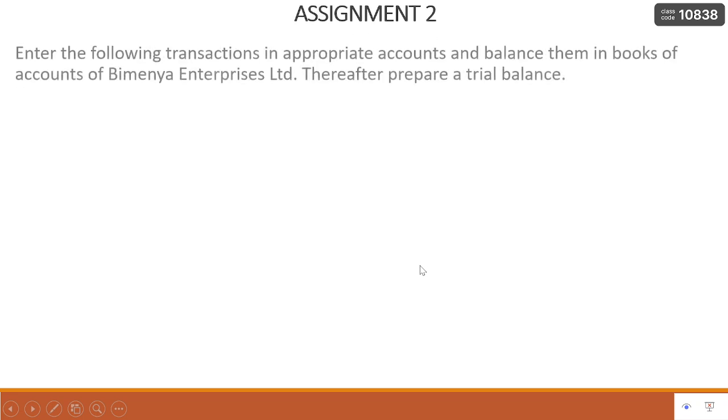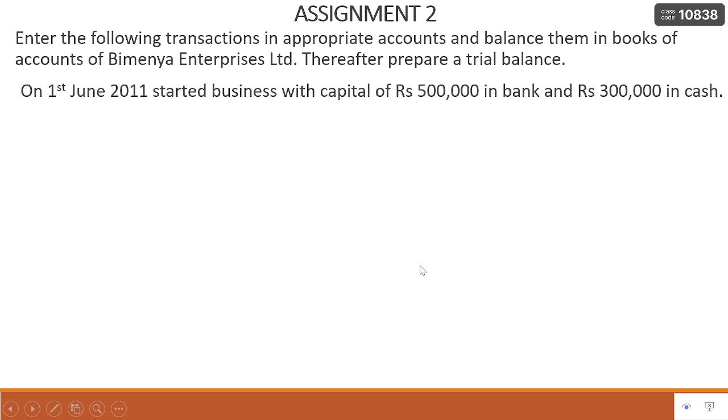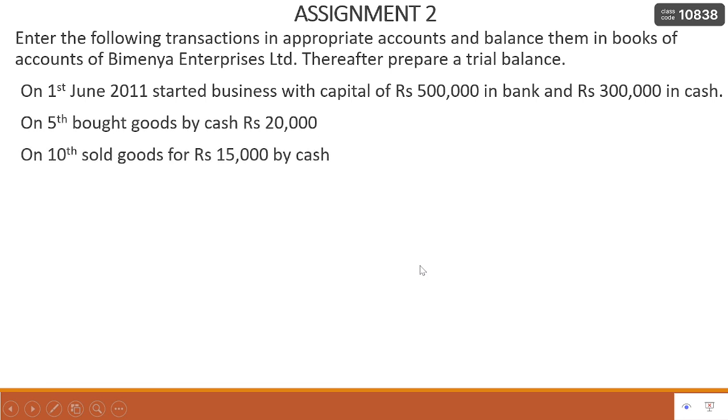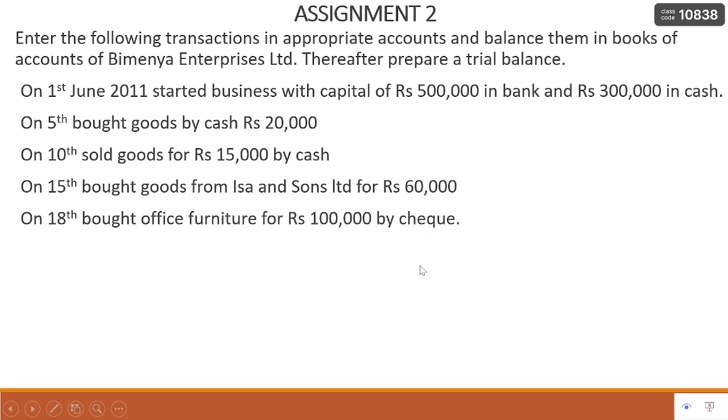We have another assignment to enter the following transactions in appropriate accounts and balance them in the books of accounts of Bimenya Enterprises Limited. Thereafter, prepare a trial balance. On 1st June 2011, started business with a capital of 500 in the bank. On the 5th, bought goods by cash. Here it is a different currency, South African rand.